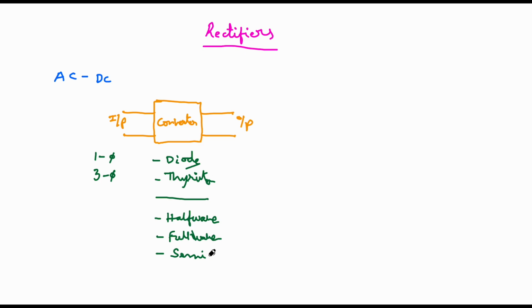That part also we will see. And coming to the output, the output means load. Which load are we going to deal with? Maybe R load, RL load or RLE load. With these things we can conclude the converter names, by a combination of all of them.